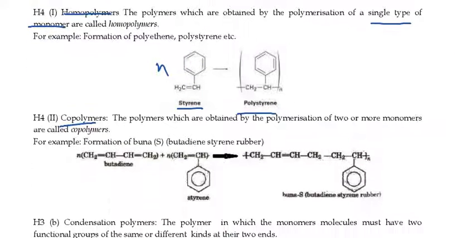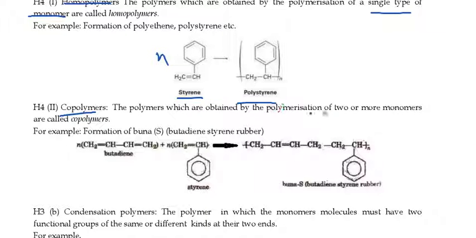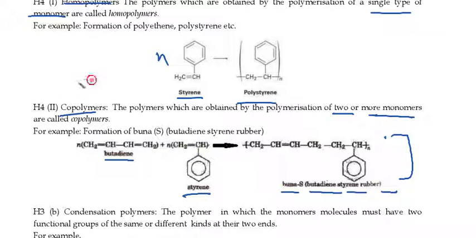In co, two or more monomers are used, like butadiene and styrene, both attached together in n units to form BUNA-S, butadiene styrene rubber. This is the formation of a copolymer.